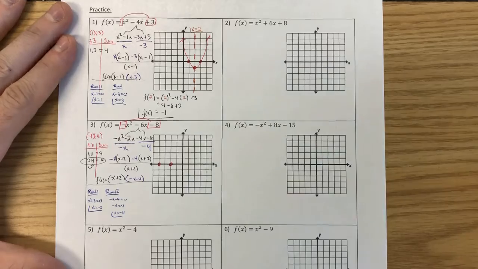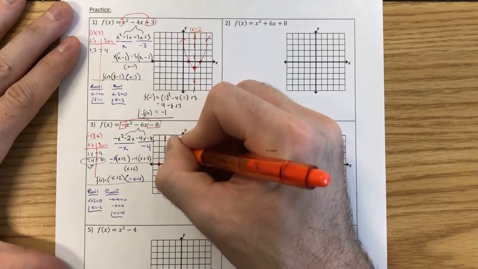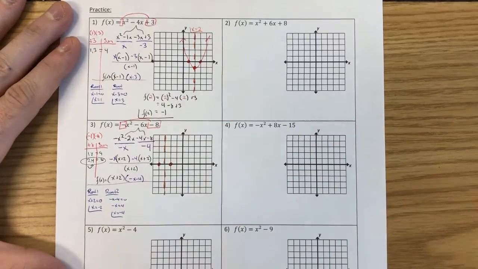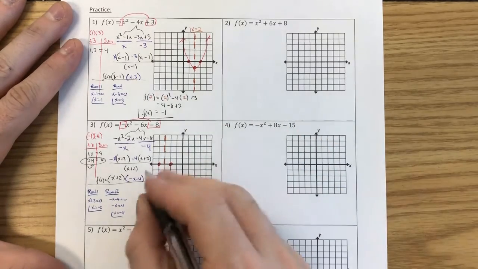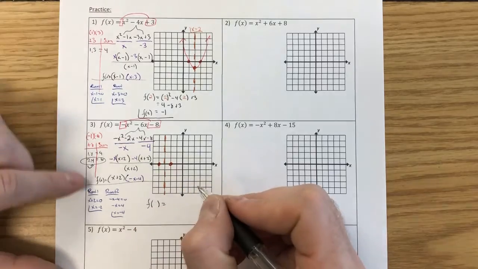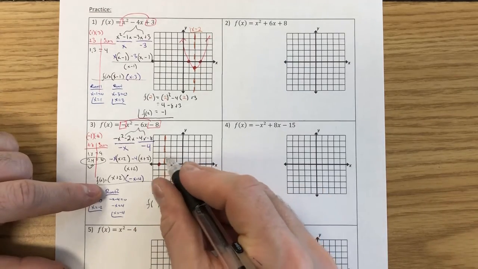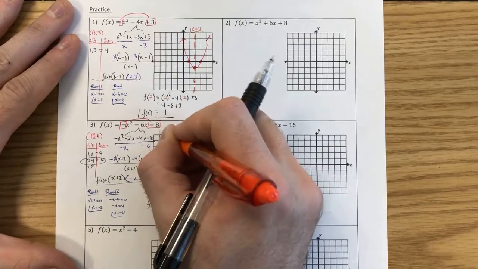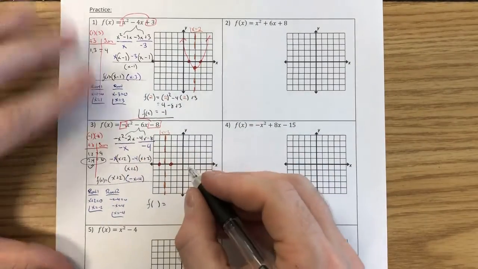And so this time, I'm going to take that middle value, and instead of plugging in the original one, I'm going to plug it into my new equation. And I'm going to say, okay, f of, let's see, this is negative 1, negative 2, negative 3. I'm going to plug it into right here.